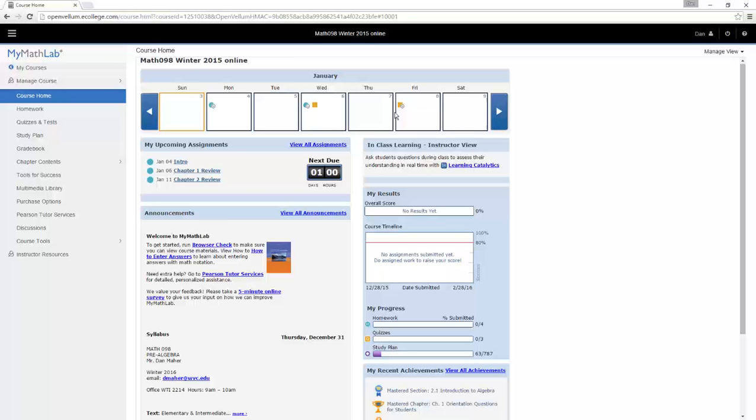But I've had students online who are not close to either one of those campuses, so we'll have to arrange some approved proctoring. When you go into a proctored test, it's going to be on my Math Labs 2, and I'll have instructions for your proctor on what you can use for that test. Usually just a calculator and scratch paper.